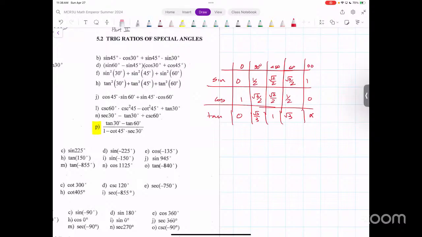Let me print that chart. How's your buddy doing, man? You don't see him? Does he exist?